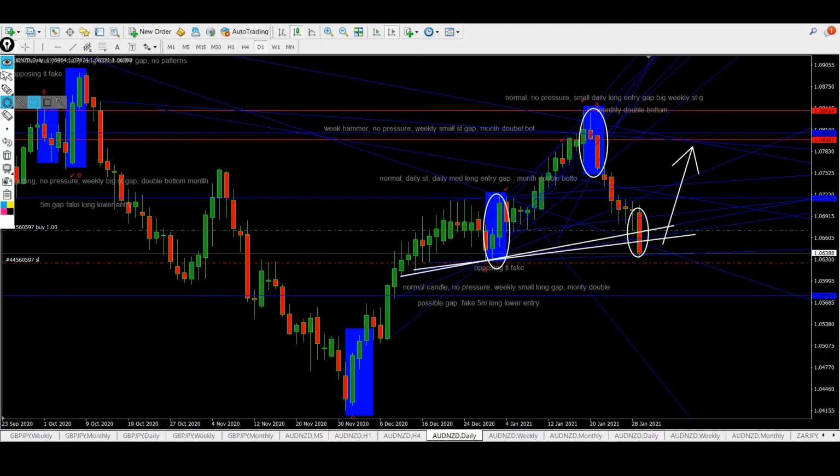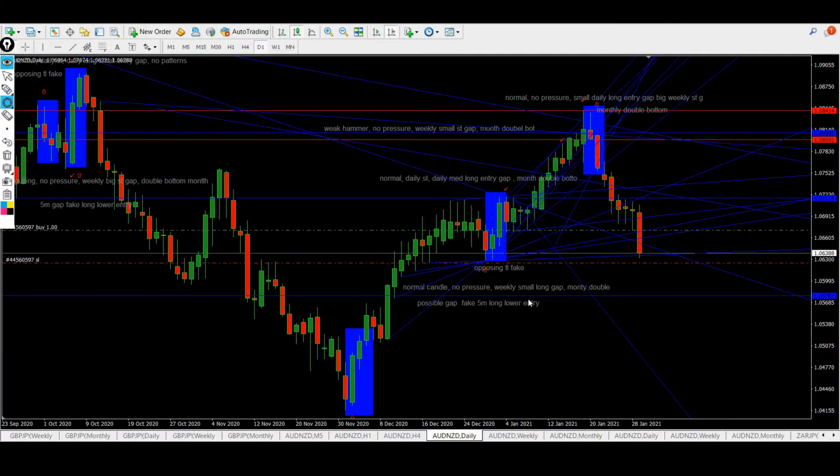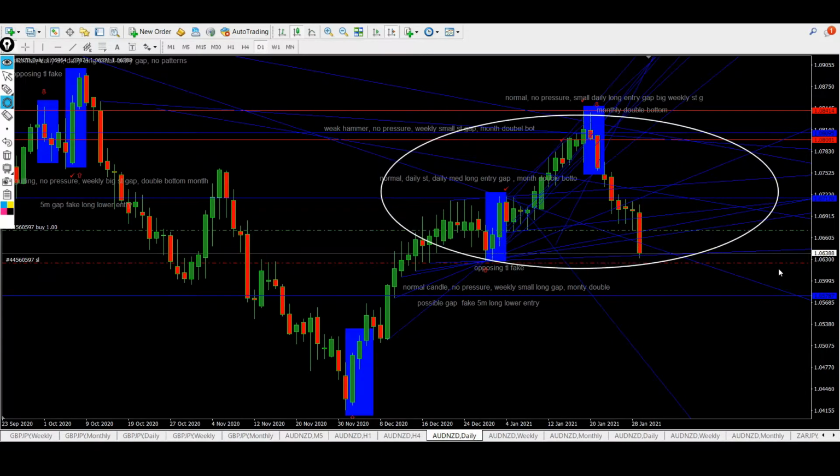So now what we're looking at, right? If we look at this level right here, again, this is a daily chart. In order for this general range to hold, if it goes up and down and doesn't get past these levels, then we could still possibly get another long trade up to that monthly target.